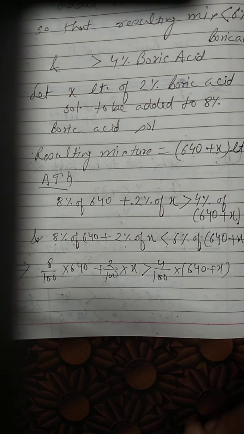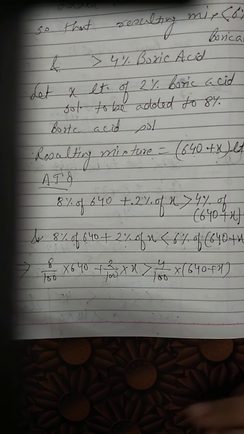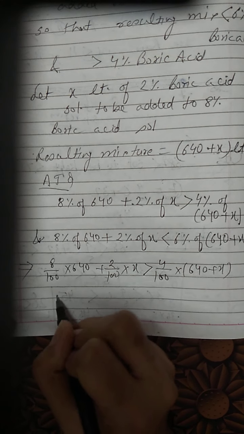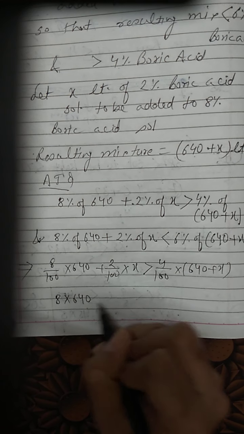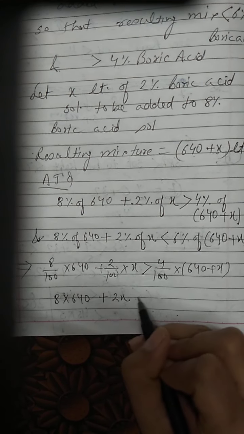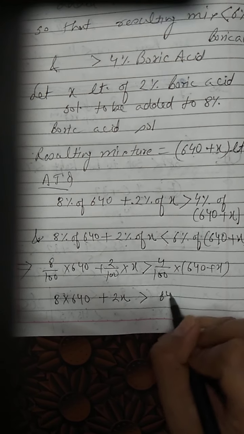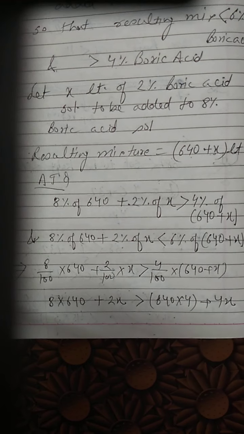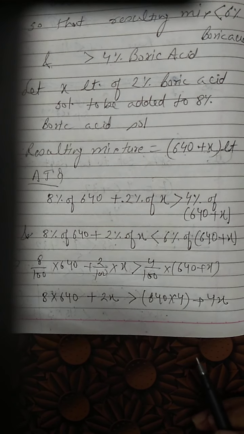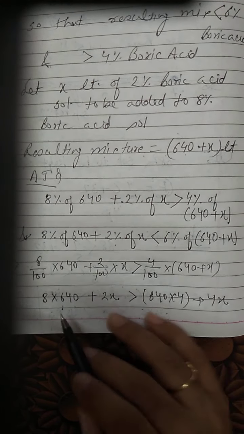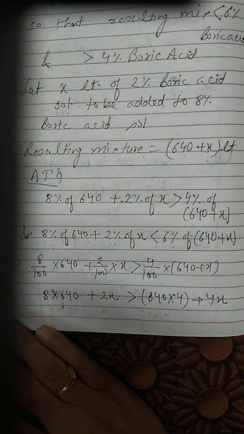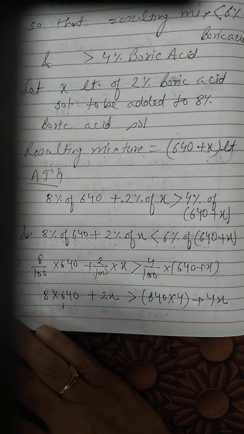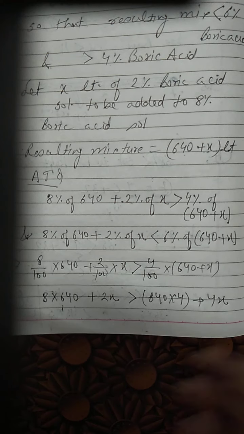So if I multiply by 100 it will get cancelled. So we have 8 into 640 plus 2x is greater than 640 into 4 plus 4x. I am not multiplying out because 640 is on both sides, so if I just club the terms, we can do our calculation in an easy way.